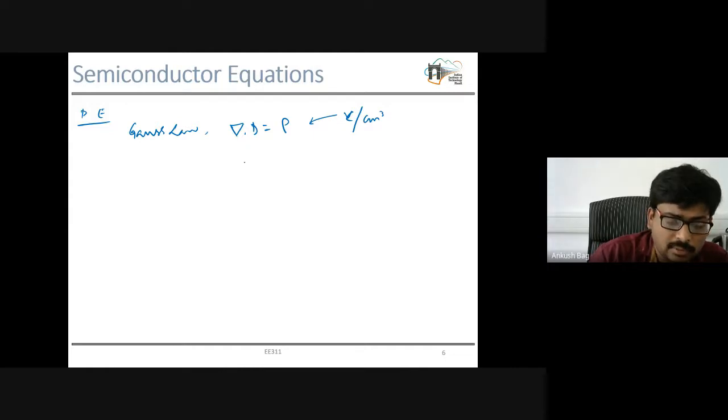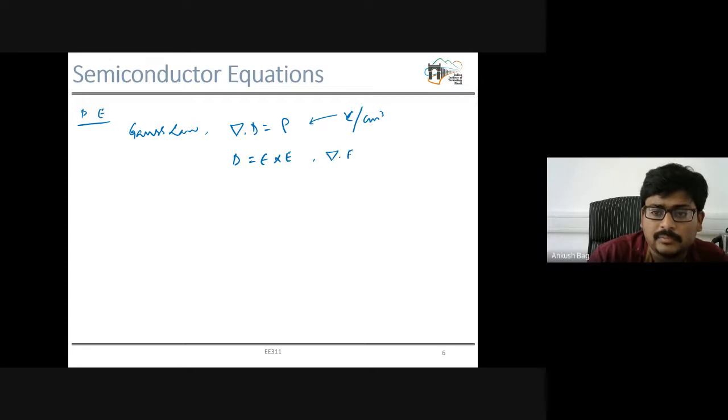If we write the same Gauss law in terms of electric field, epsilon times the gradient of electric field equals rho.